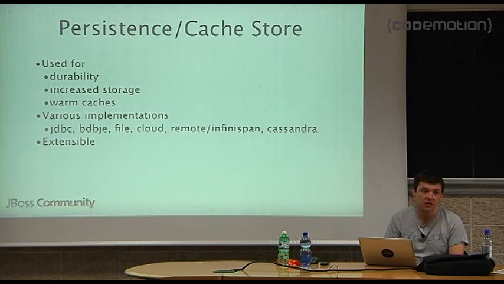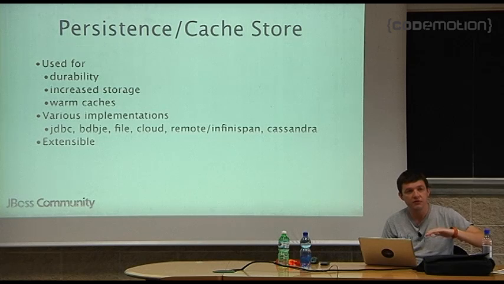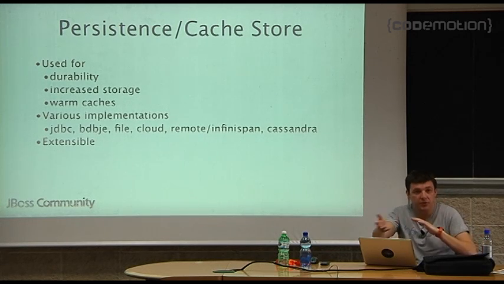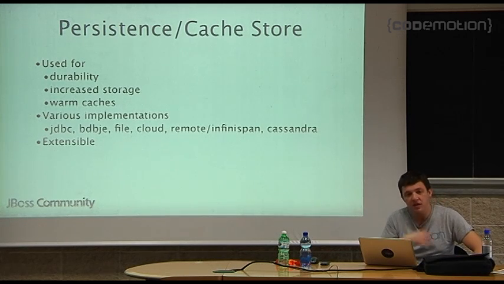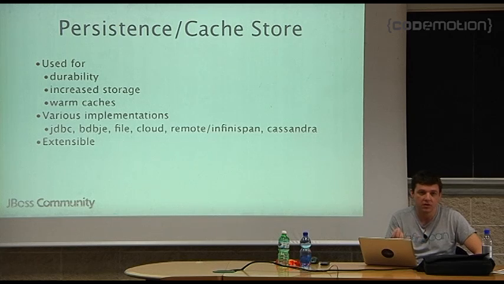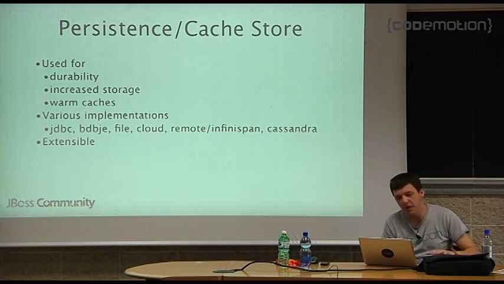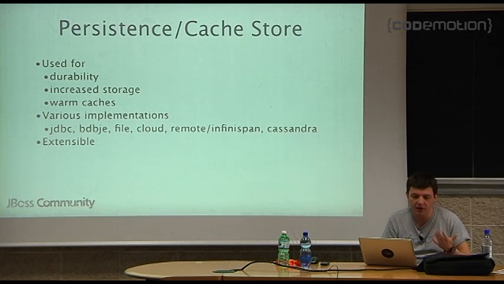Warm caches: when you use Infinispan as a caching engine, when you start it, it doesn't have anything in it. So you might want to read some data from a storage and interact with the storage to make the cache very useful as it starts. Persistence, in Infinispan's terms, is a very abstract aspect.